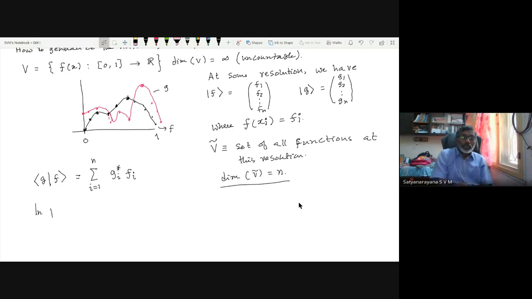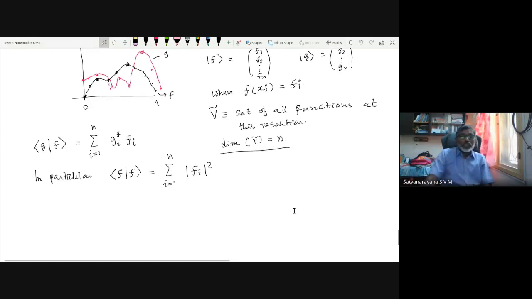In particular, the inner product of f with itself is the sum over i equal to 1 to n of mod fi square. Okay, so this is the description at this resolution.